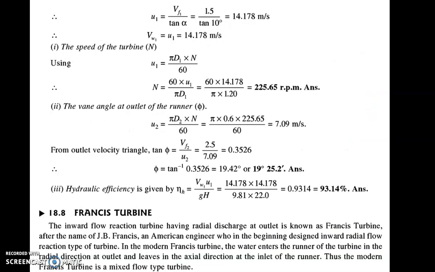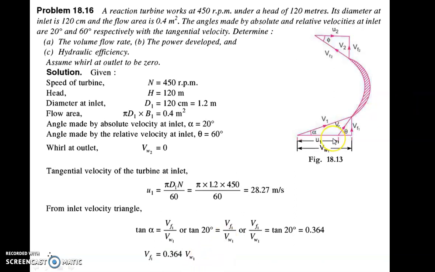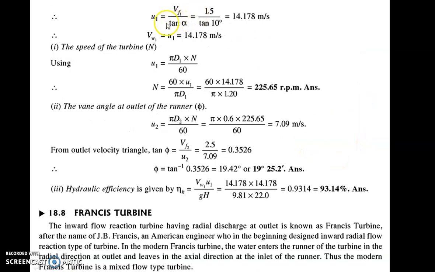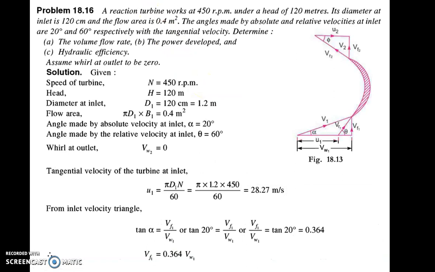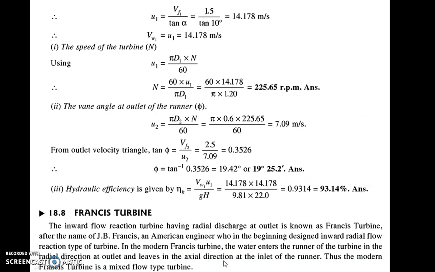And from the inlet velocity triangle, U1 is equal to Vf1 upon tan of alpha, plus Vw1. So from these two relations, you can calculate Vf1 and Vw1. So U1 you can calculate as 14.17, and Vw1 as 14.178.